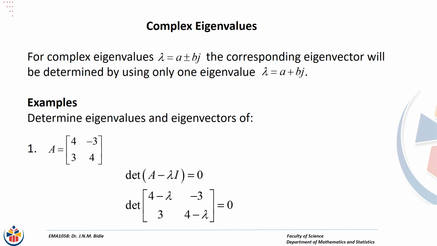Note that complex eigenvalues will come in the format of lambda equal to a plus minus bj, where a and b are real values.